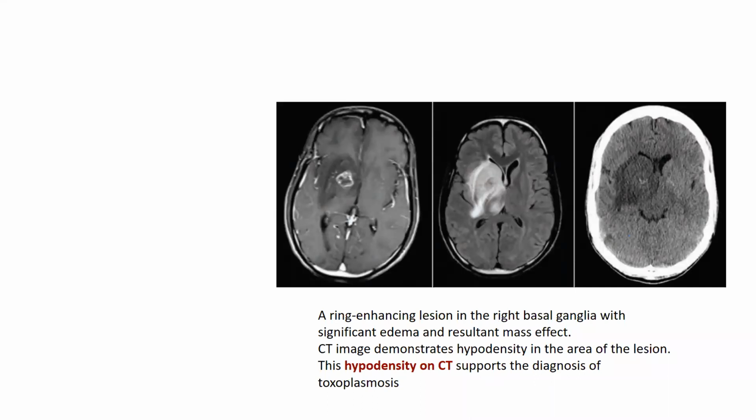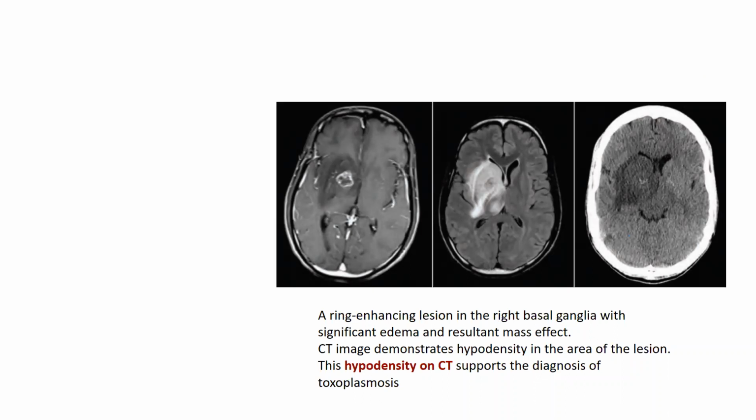So this hypodensity on CT helps us to differentiate toxoplasmosis from another entity. What is it? A FLAIR hyperintense lesion involving the basal ganglia with significant mass effect and contrast enhancement. You have a ring-like lesion. The CT is showing hypodensity. So this hypodensity helps you to differentiate it from one close differential diagnosis in a patient with HIV. What is it? Crypto.